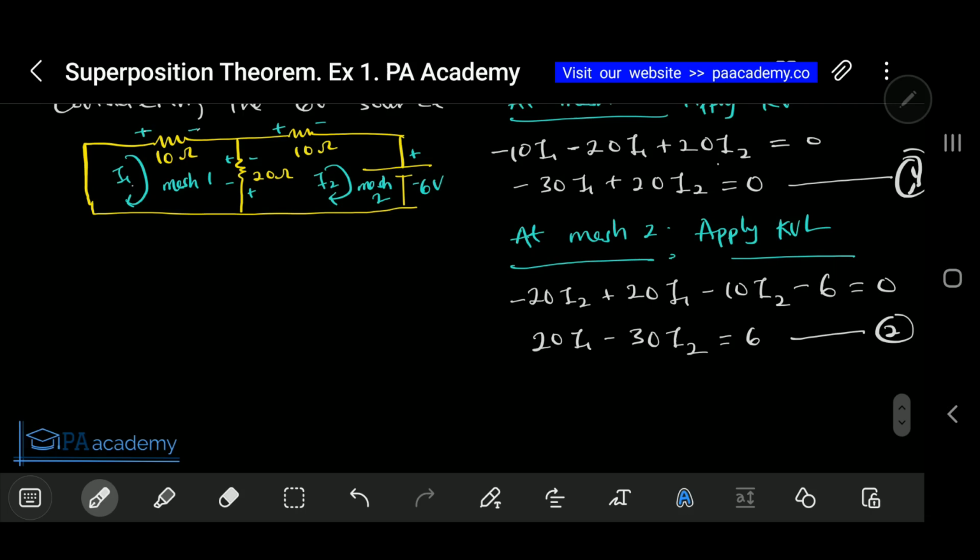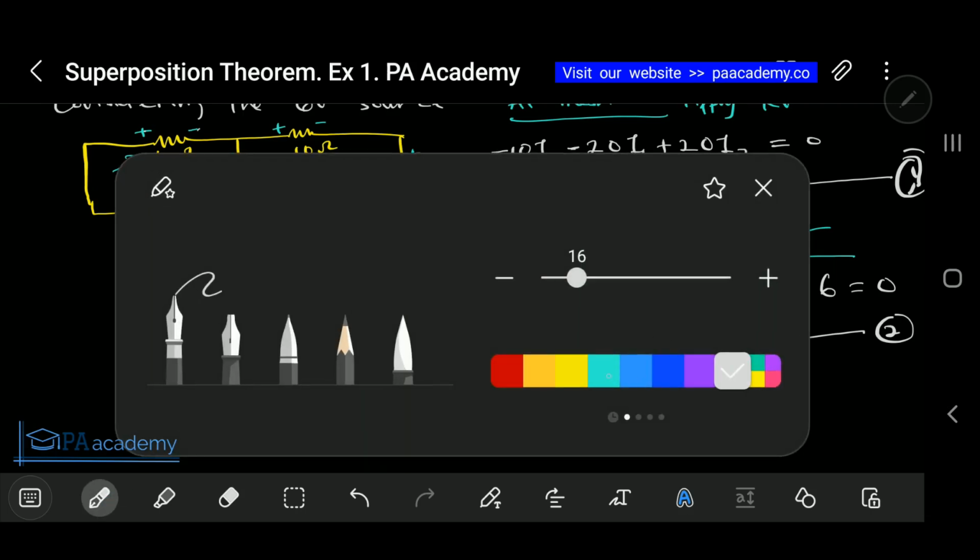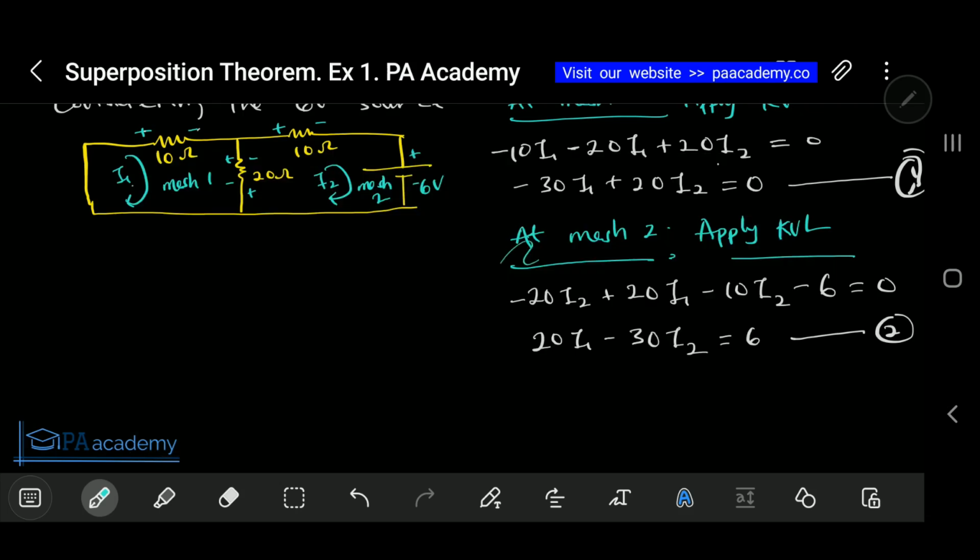Are we good? So now what we want to do is to solve our equation 1 and equation 2 simultaneously. So let me continue here. We write solving equation 1 and 2 simultaneously.